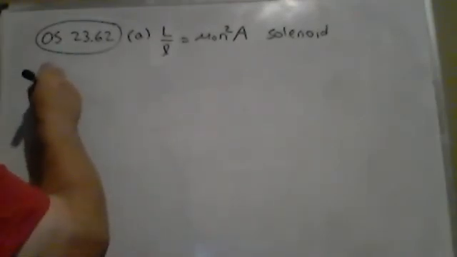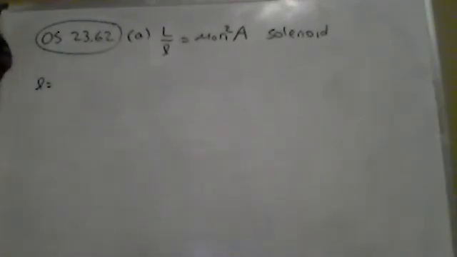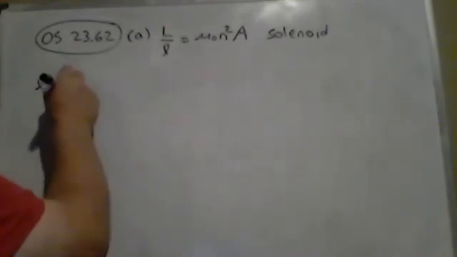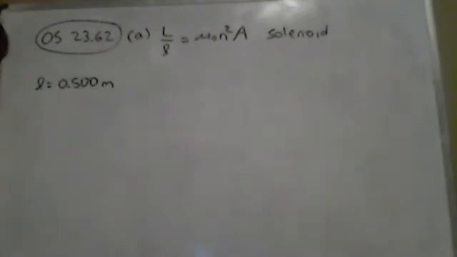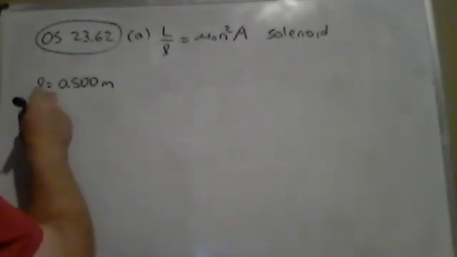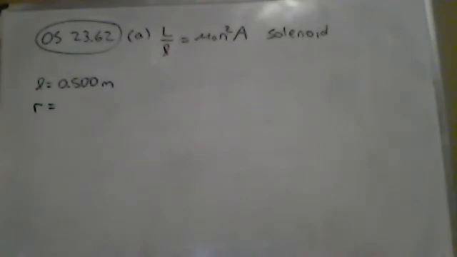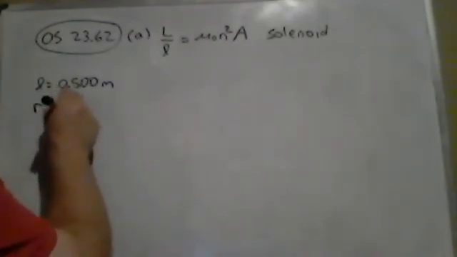So little l, we're told, is 50 centimeters, or 0.500 meters. That's the length of the solenoid. We're given a radius of 0.050 meters.